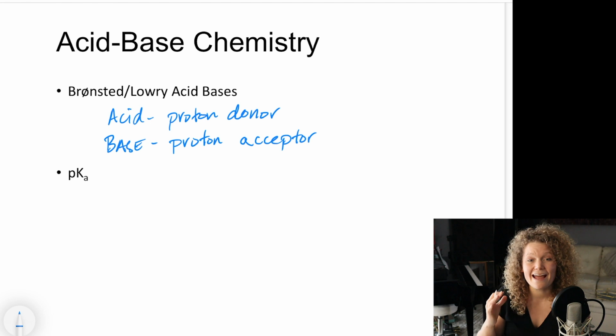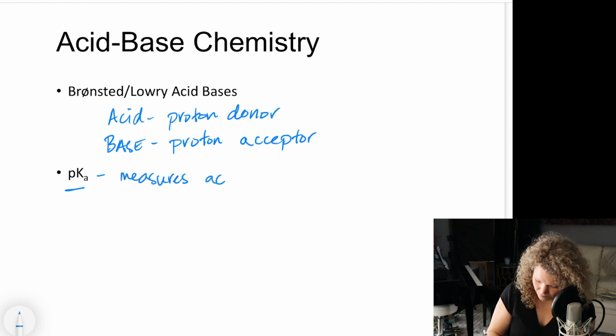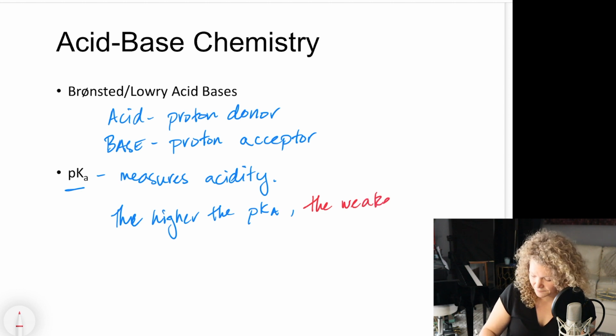The pKa is a value we use to measure acidity. The higher the pKa, the weaker the acid.